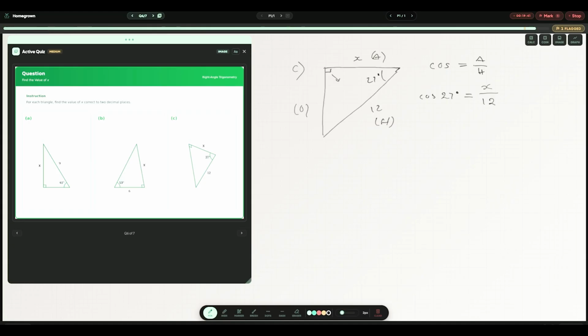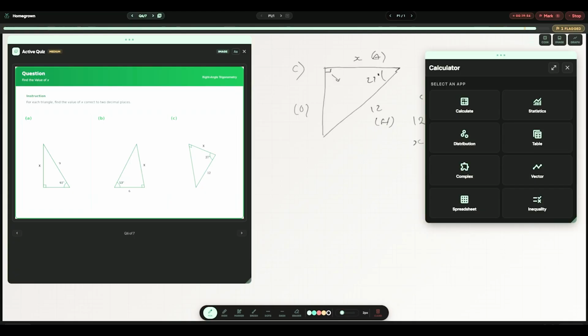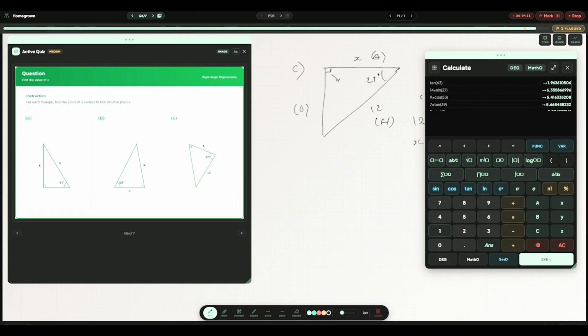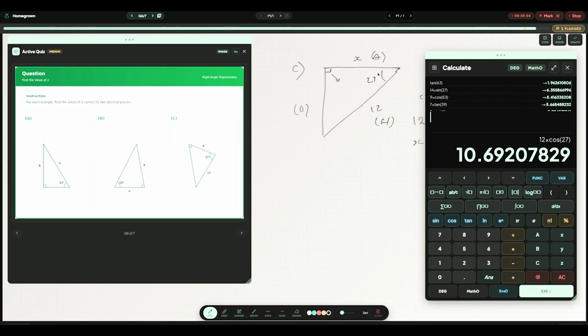And in order to solve for x, we just multiply both sides by 12, and we get 12 times cos of 27 degrees is equal to x. Therefore, x is approximately equal to, and we'll bring up our calculator, 12 times cos of 27 degrees. And that's going to be 10.69.